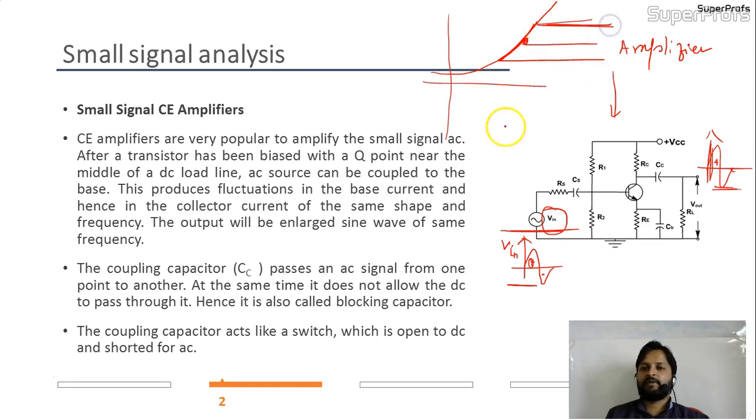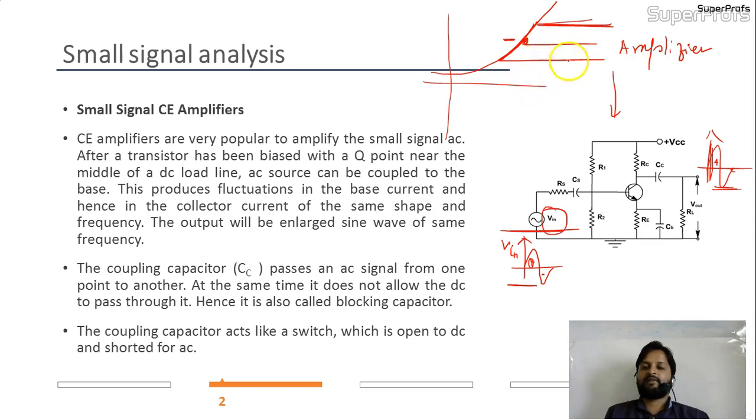We have discussed what if you bias the circuit in such a way that the Q point will be near to cutoff. What if you bias the circuit in which the Q point will be near to saturation. So in both cases we have seen some clipping to the original waveform or original signal, but when you choose the Q point at the middle of the load line, you are getting the perfect output input relationship.